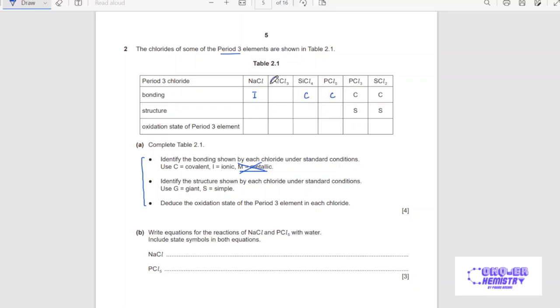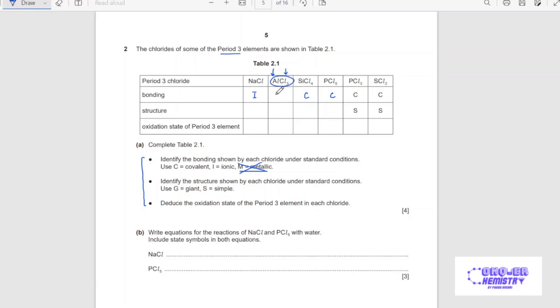Now for AlCl3, now this might be a source of confusion. Now the thing is that aluminium and chlorine have a low electronegativity difference, and so the ionic bonds over here actually have a large covalent character. Okay, so there are two acceptable answers for this.